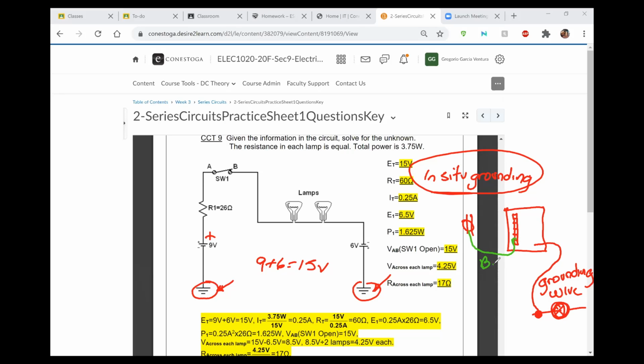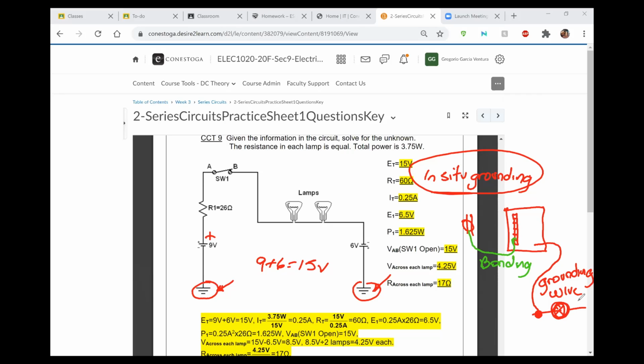So the difference is a grounding conductor provides a clear, low impedance path to the ground, while a bonding conductor just makes sure that all non-conducting metal parts of any electrical system have the same ground potential. So that is your earth. This one here is your earth ground.